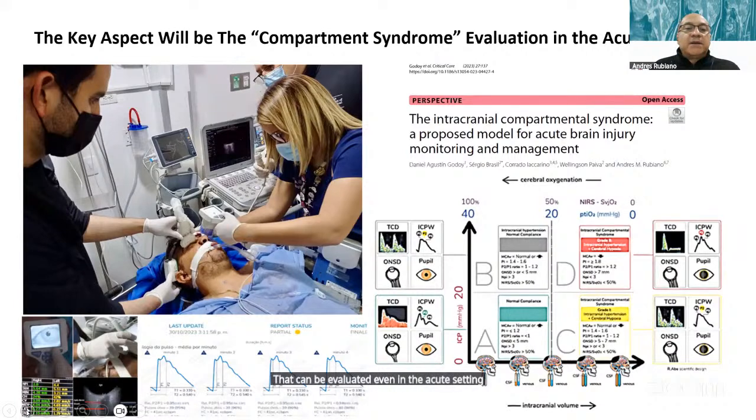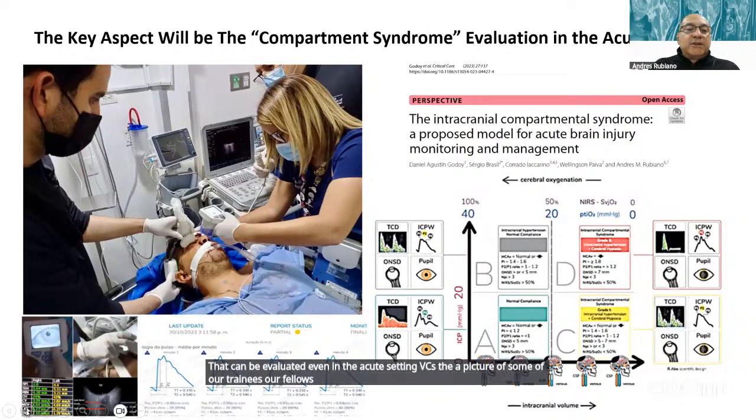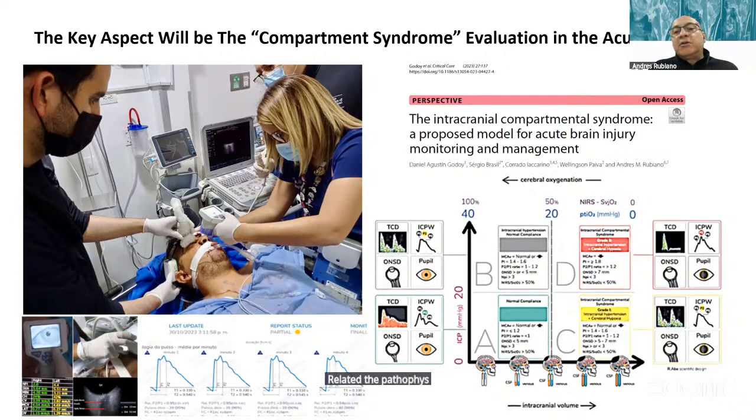This is a picture of some of our trainees, our fellows, and international residents that come to our center to be trained in all these different systems. So this is one of the recent articles that we wrote with some colleagues from Latin America related to the pathophysiology and the concept of the intracranial compartment syndrome.